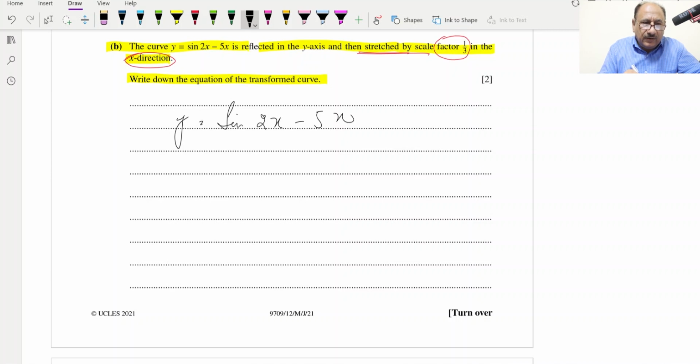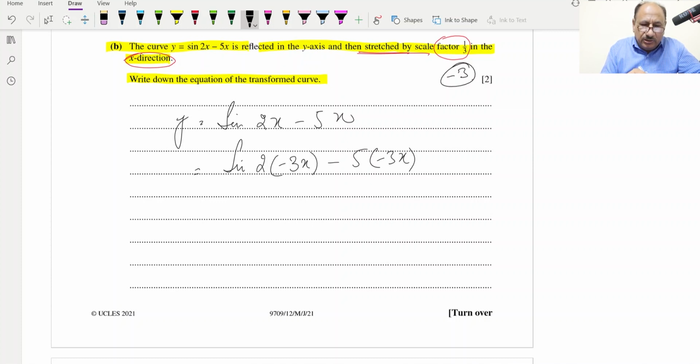So y is equal to sin 2x minus 5x. This is our equation. So x will be multiplied by the reciprocal and change sign, so minus 3, it will be multiplied by minus 3. So we can write this as sin of, basically x will be replaced by minus 3x, and minus this will be 5 and x will be replaced by minus 3x.